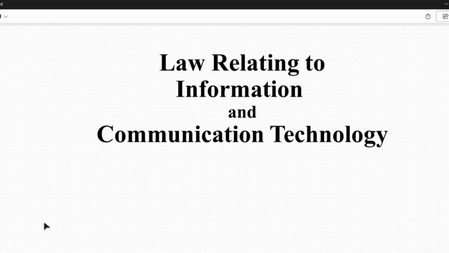Whether you are a student, future IT professional, or simply a technology user, understanding ICT law is essential in today's digital society. Let's begin our journey into the legal side of the digital world.